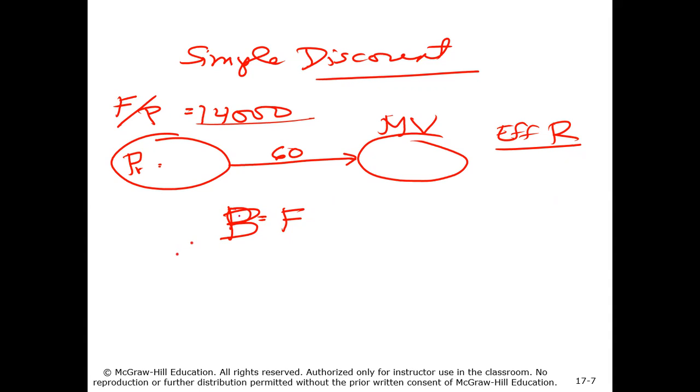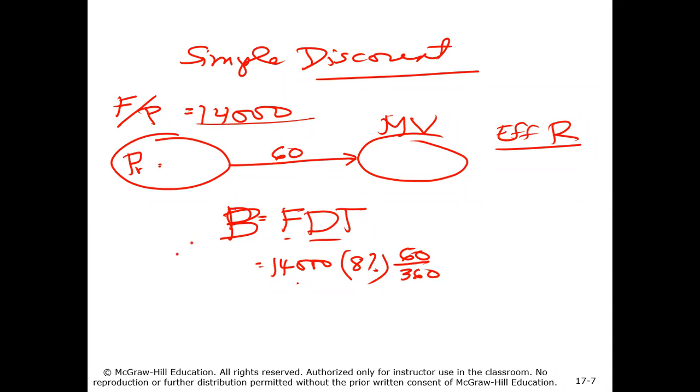Okay. So let's just call the discount D, the face value multiplied by the discount rate multiplied by your time. In a simple discount note, you're given the discount rate. The face value is 14,000 also, the discount rate is 8%, and the time is also 60 divided by 360.